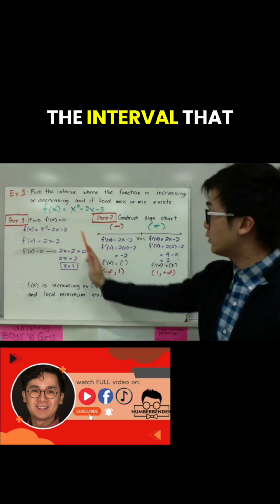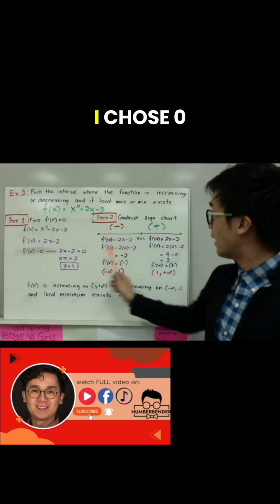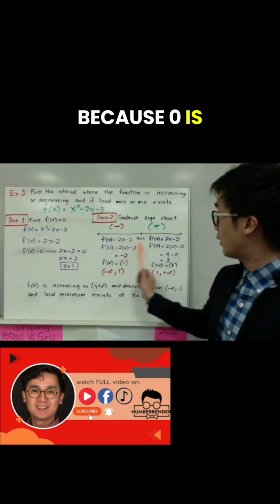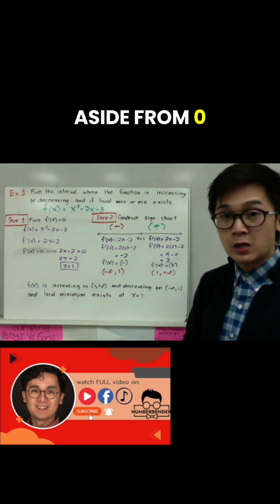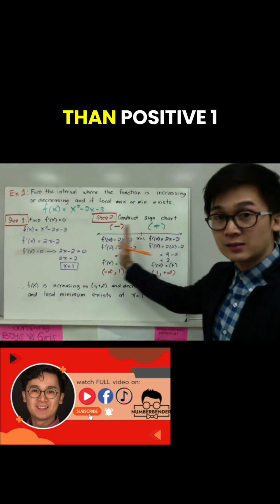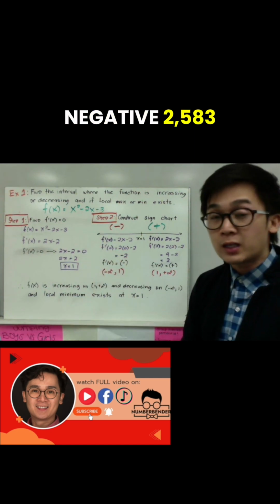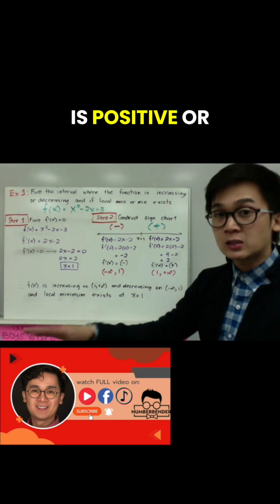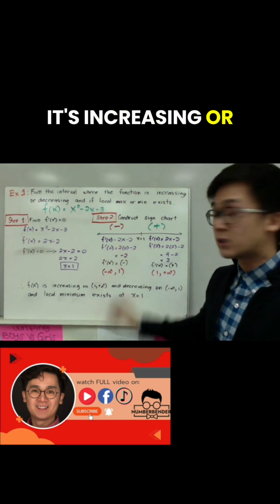For this interval, I chose 0 because 0 is less than 1. Can you use any number aside from 0? Yes, as long as it's less than 1. You can use negative 2,583 and just check whether the sign is positive or negative by substituting it into the derivative.